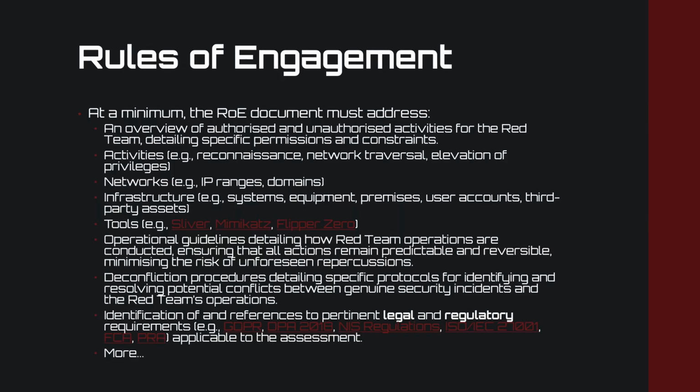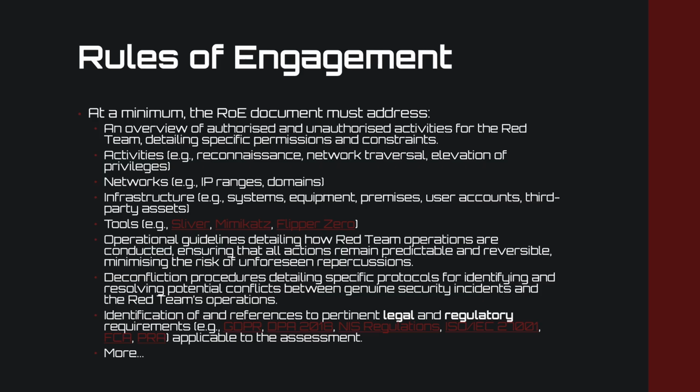So, to briefly cover what the rules of engagement document addresses, it includes an overview of the authorized and unauthorized activities for the red team. It must detail their specific permissions, the in-scope assets and constraints, which are the out-of-scope assets.